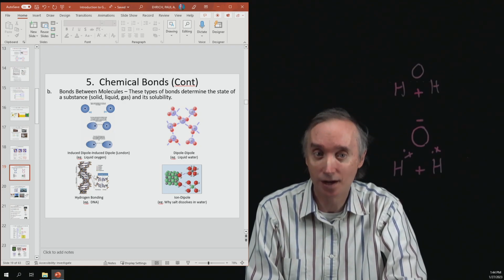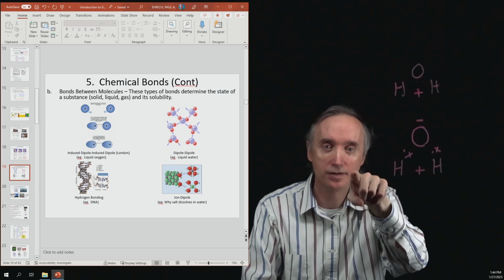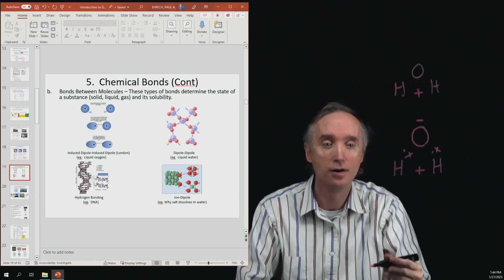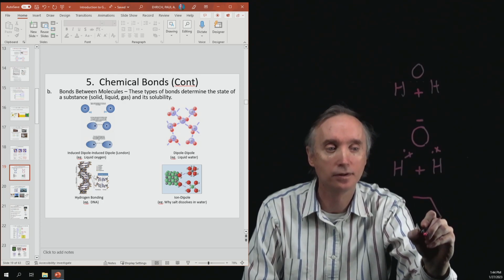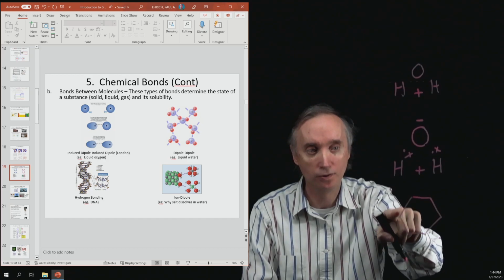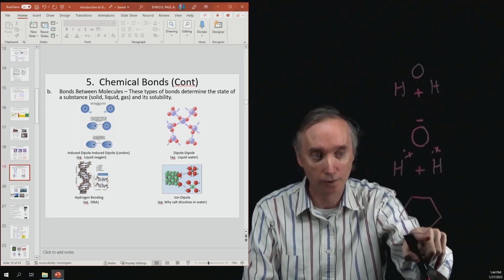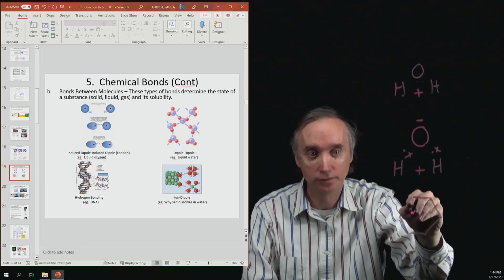Now, when you freeze it, if you continue to lower the temperature on water, eventually it turns into a solid. And when it turns into a solid, you can kind of see it in that picture right there. What happens is that it starts to make hexagons like this, where you've got a water molecule, water, water, water, water, and then you've got this space in between.